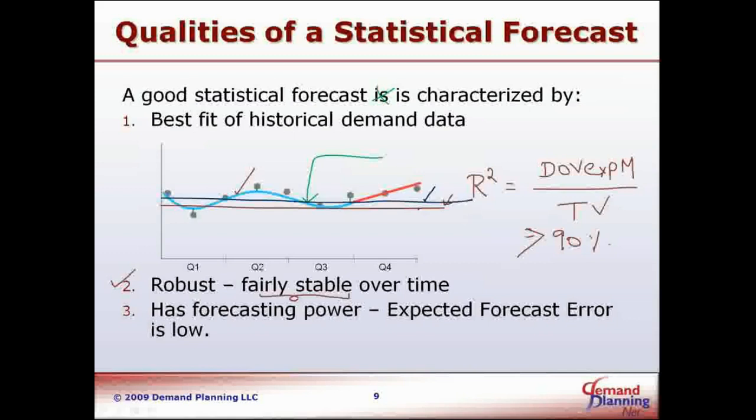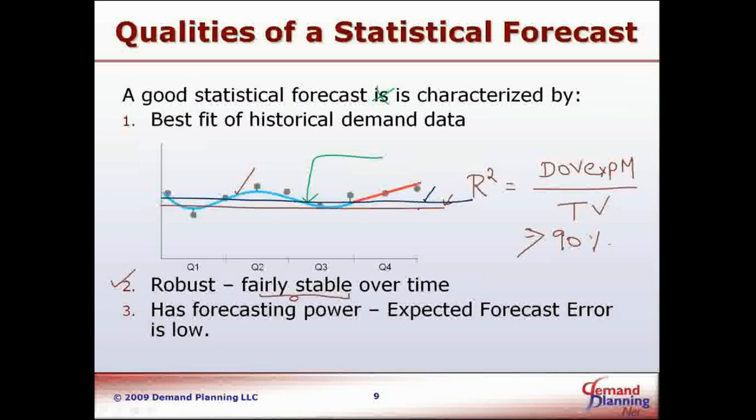If you think about this, of course I put a forecast model that's a little dummy here, but robustness means that the model is stable and more predictable over time. It does not change or vary too much over time. Let's say we go with an alternate model that looks like this.